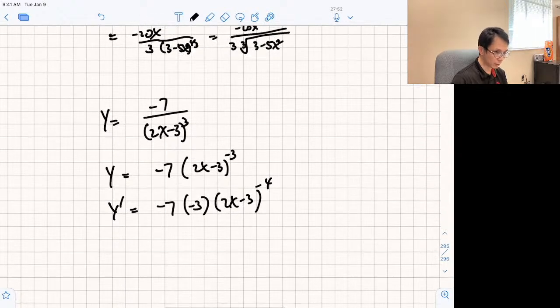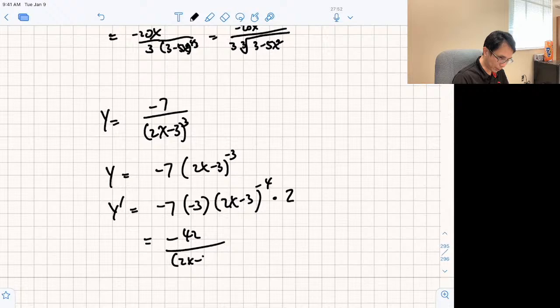But don't forget the derivative inside, which most people forget. So it'd be negative 21 times 2, negative 42 over 2x minus 3 to the 4th.